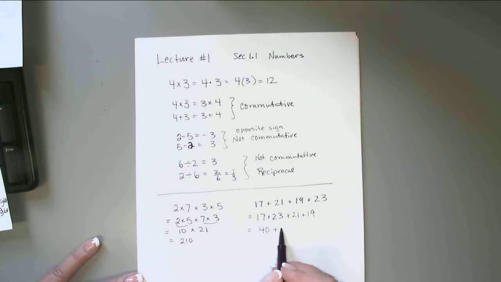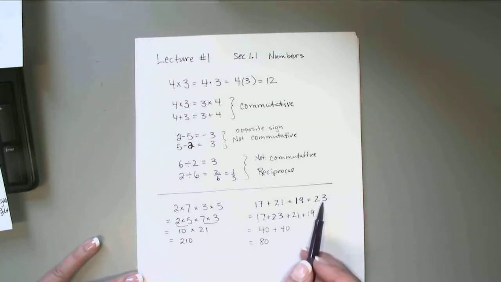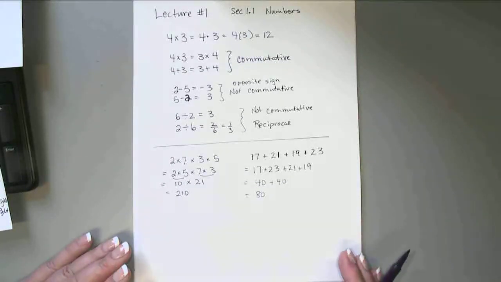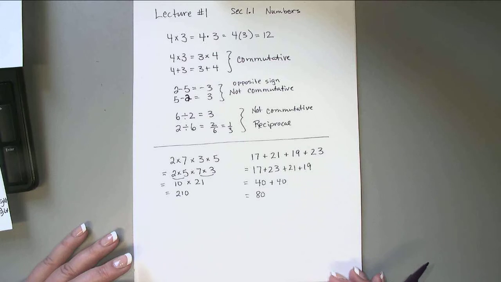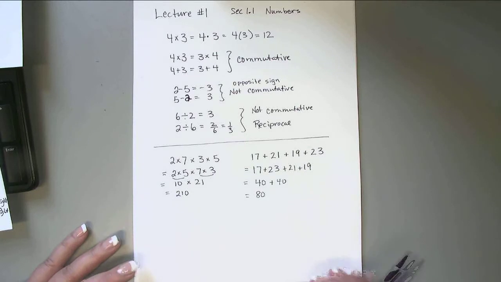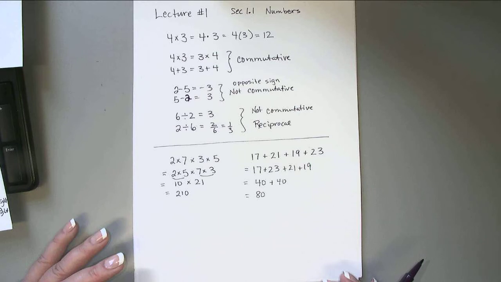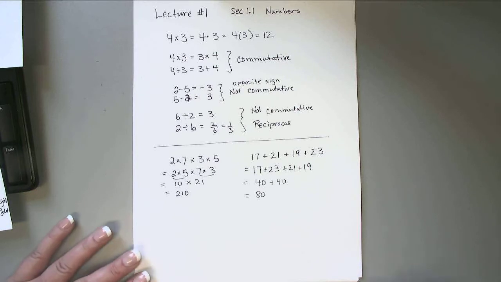And here we also have 40. 40 and 40 is 80. And so it's a little bit easier than just going from left to right. So order of operations, although it's a starting point to teach people how to proceed with a complicated expression, it doesn't always need to be followed.